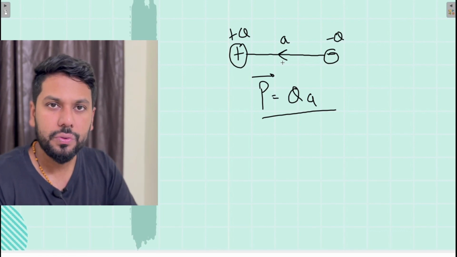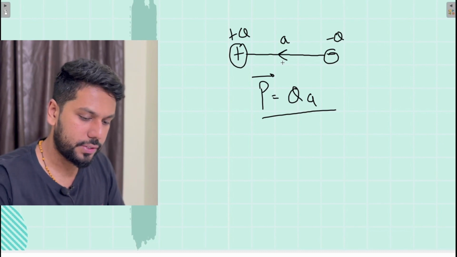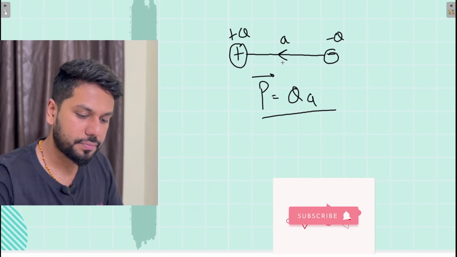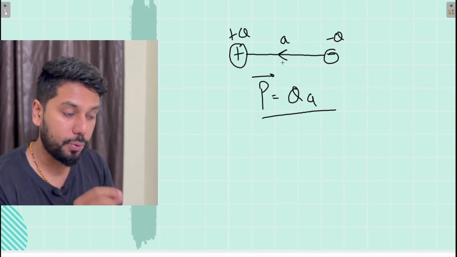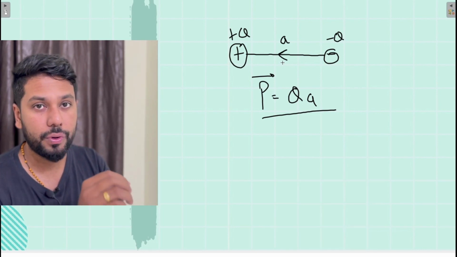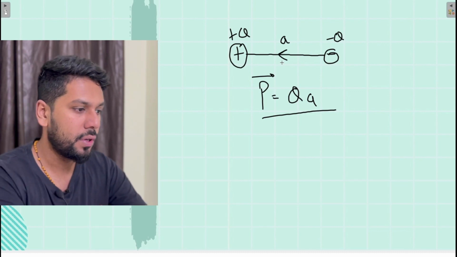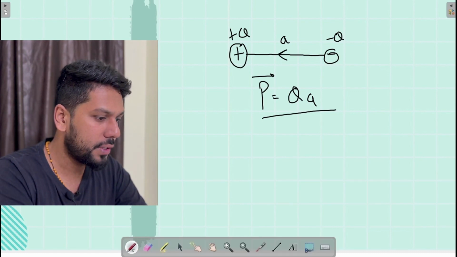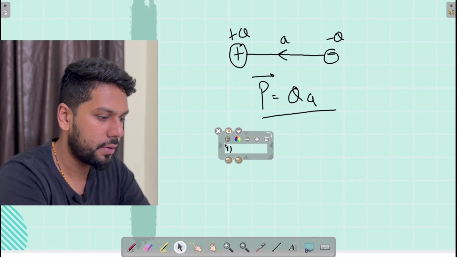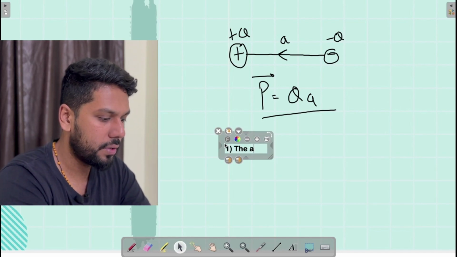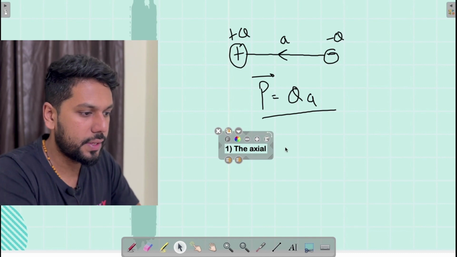Now let us try to understand the two applications of this dipole, where we are going to find the electric field at two points. You already know what electric field is. So for a dipole, there are two points where I will find the electric field. One is at the axial point.